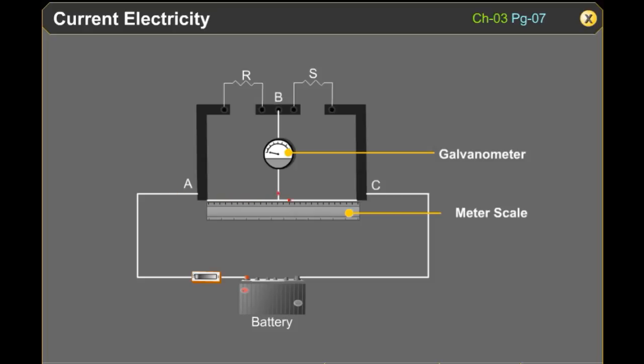Let the distance of the jockey from the end A at the balance point B be l equal to l1.